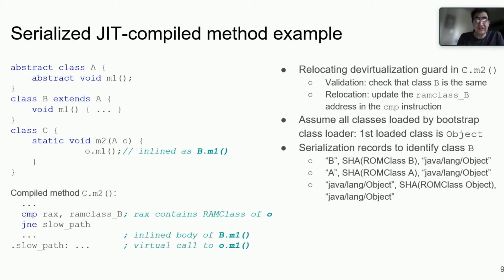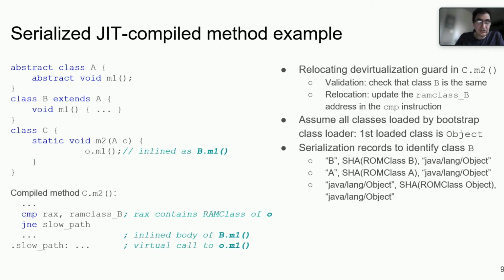For that, the server compares the entire inheritance chain, starting from B down to java.lang.Object. Let's assume that all classes were loaded by the Bootstrap class loader that loaded java.lang.Object as its first class. The client uses the java.lang.Object name to find the class loader that loaded its first class with that name.